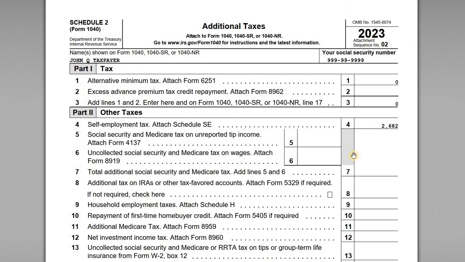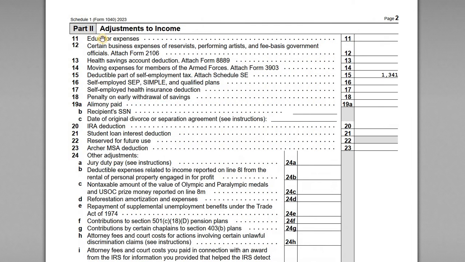So if I look at Schedule 2 here, we can see on line 4 my $2,682 of self-employment tax. And then on Schedule 1, page 2, line 15, we have the deductible portion of that SE tax.